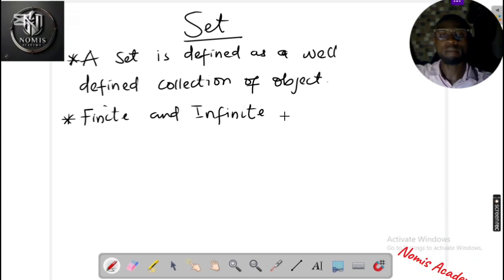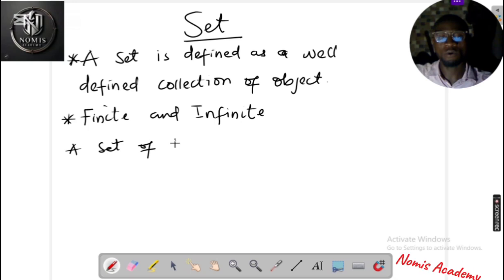What do I mean by the elements are endless? Let's take a look at a set of vowel letters.